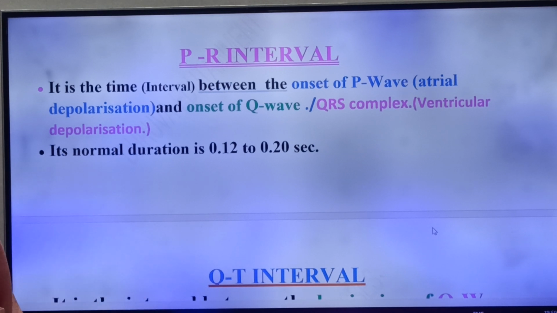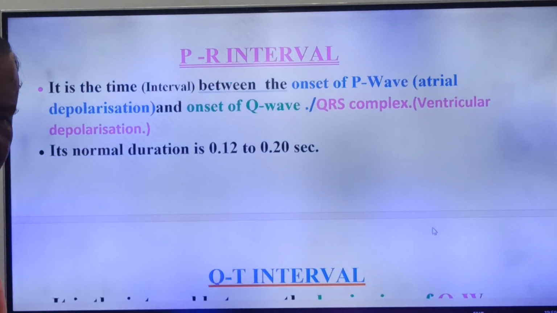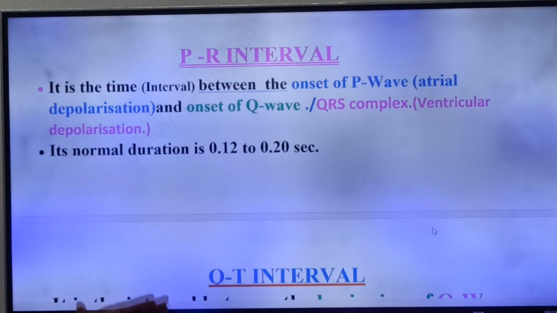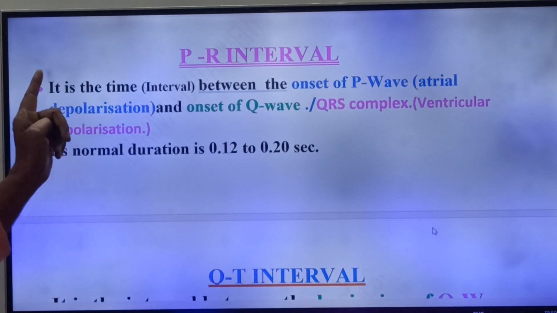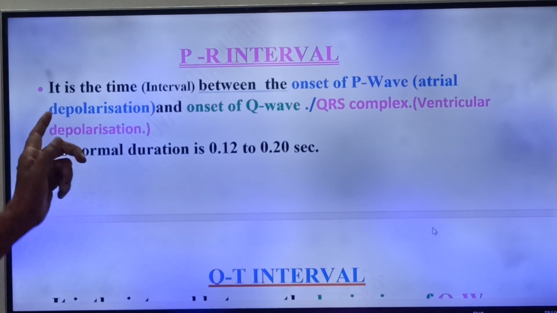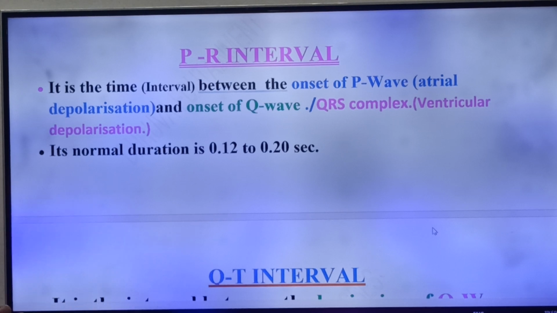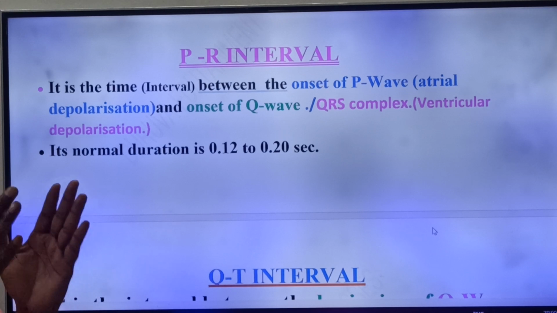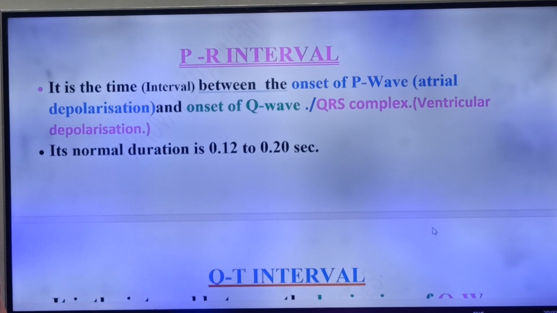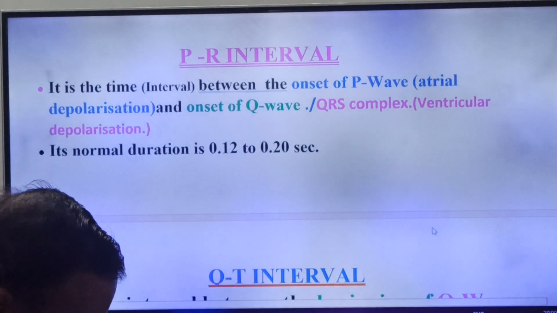The interval between the beginning of the P wave and the beginning of the QRS complex is called the PR interval. Its duration is 0.1 to 0.20 seconds.